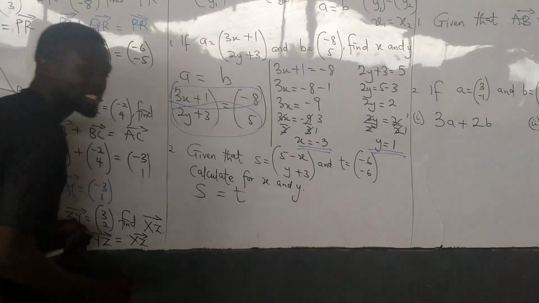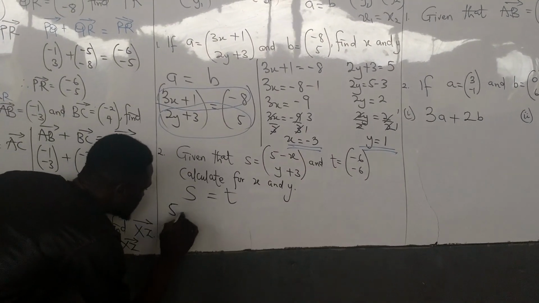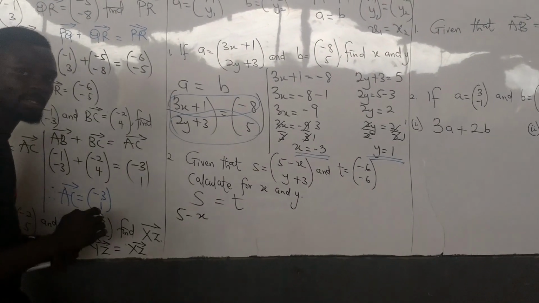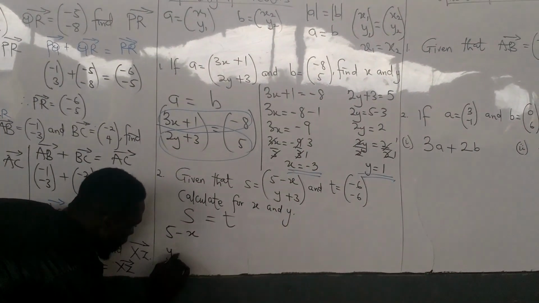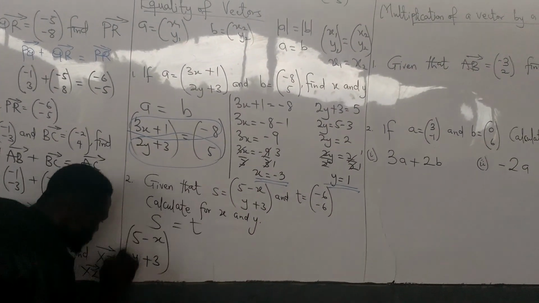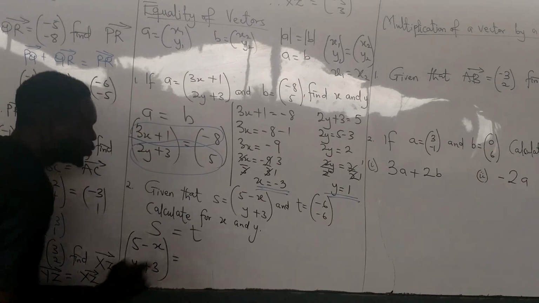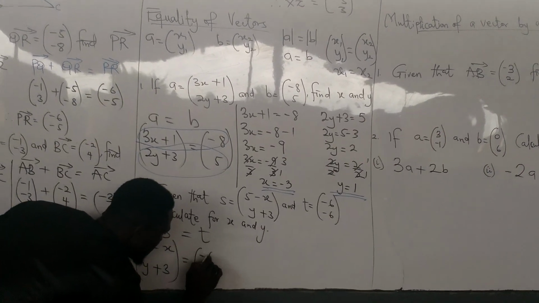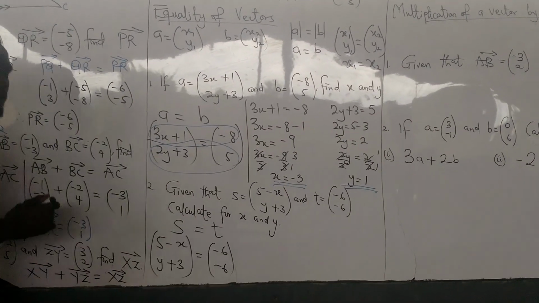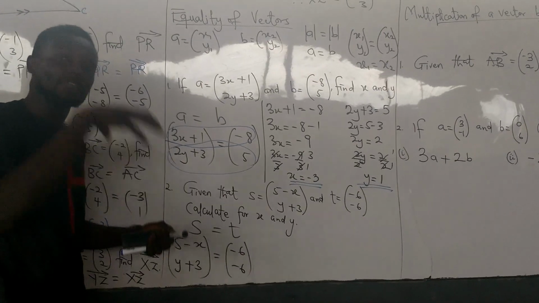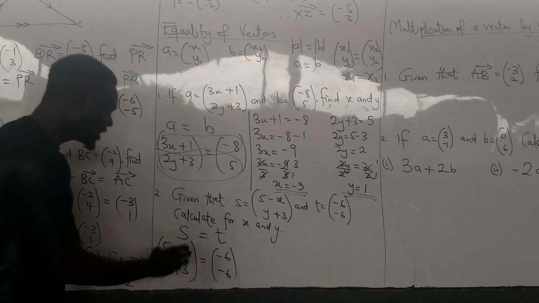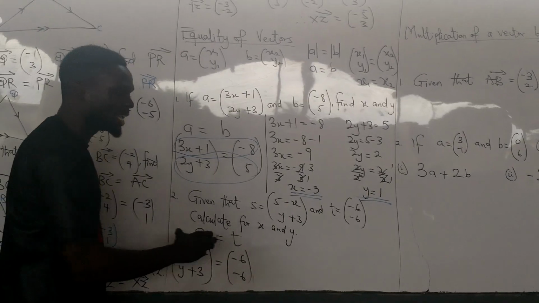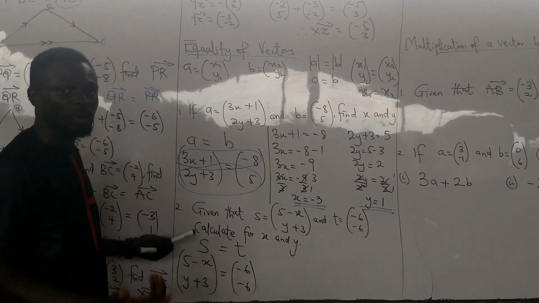What do we have at vector s? We have the x component as 5 minus x and the y component as y plus 3. So this vector is equivalent to t, and t is (negative 6, negative 6). We were told that if vectors are equal, then the x components also correspond, or they are also equal.